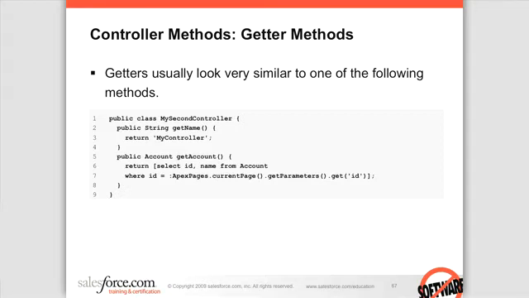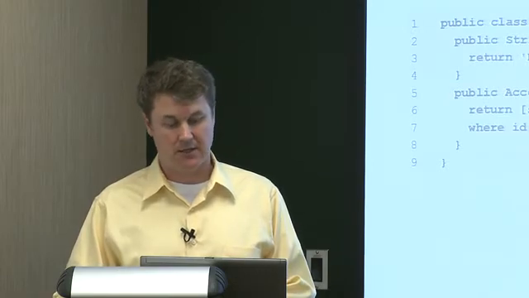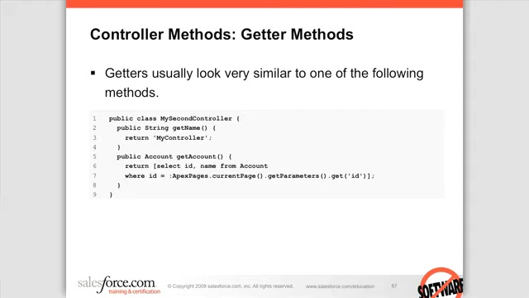Here I have my class, in this case a controller. Notice that even though we're looking at a custom controller, there's nothing about this class that indicates that it is a controller per se. It's simply a class which contains, in this case, two methods. Here I have a public string getName. So if I had within my Visualforce page a binding for name, that would be able to return that.